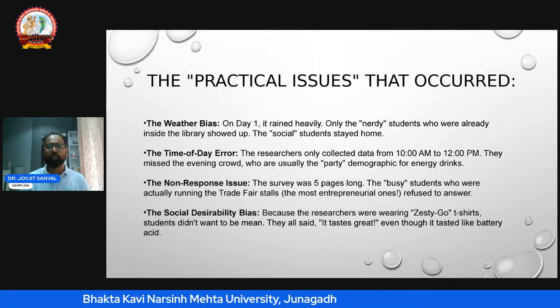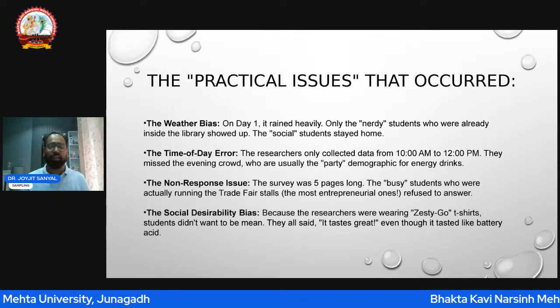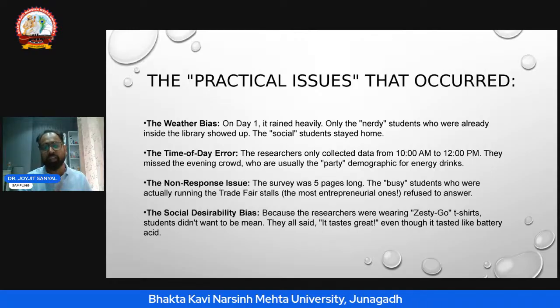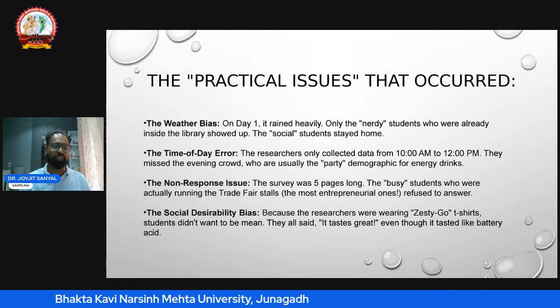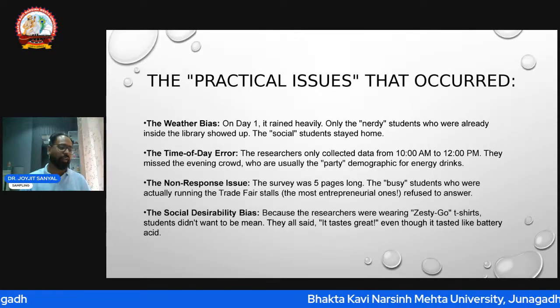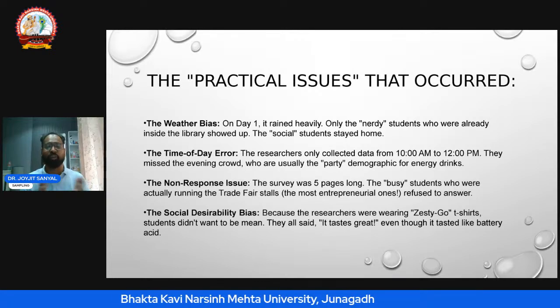Clear? So they don't give unbiased responses. It is mostly biased responses that you are going to get from them. When you get biased responses, it creates issues, because now the company is going to get responses that their Jesty Go drink is very good, very nice.